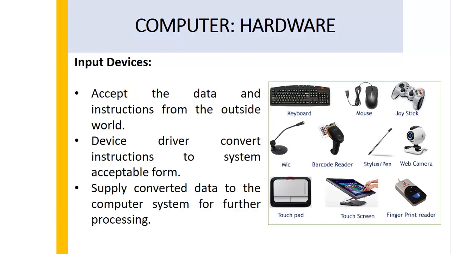Input devices are the ones that accept data and instructions from the outside world. Device drivers, the software we talked about, convert the instructions to a system-acceptable form. Whenever we press a key on a keyboard, a signal goes into the system, and these device drivers convert that set of signals from the keyboard into a form that the machine can understand, probably machine language, and also supply that converted data to the computer system for further processing.